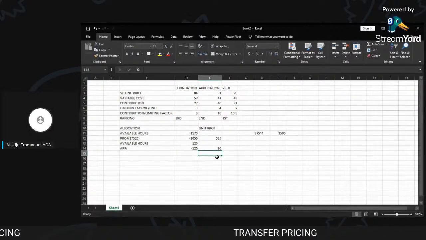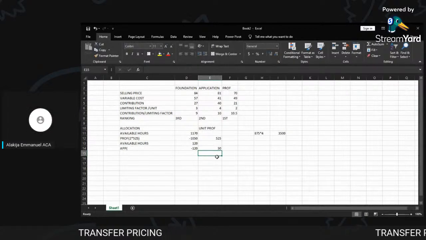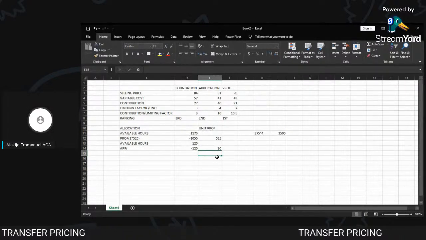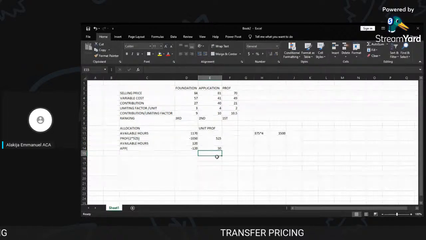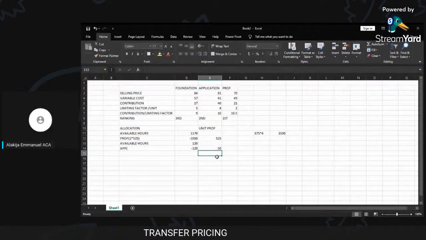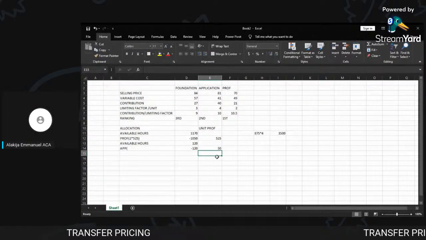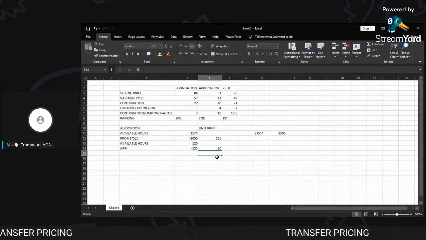So for it to be able to transfer to the leverage department, don't forget, we said one of the characteristics of transfer price is that there must be fairness, and there must be goal congruence.